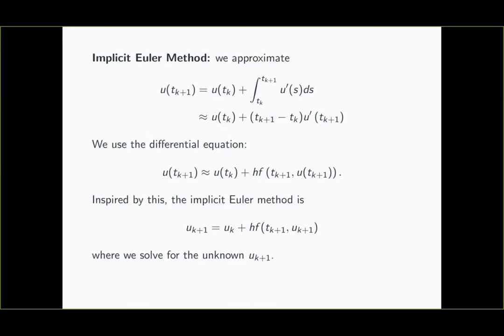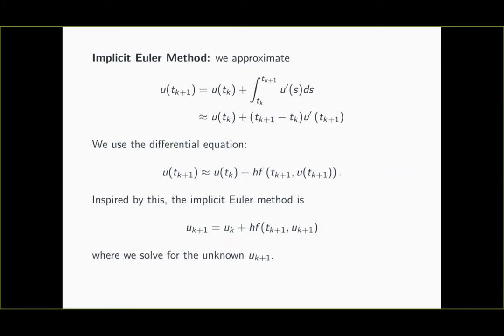Again, substituting the differential equation, we get the approximation that u at time t_{k+1} is roughly the same as u at time t_k plus h times f at time t_{k+1} and u at time t_{k+1}.